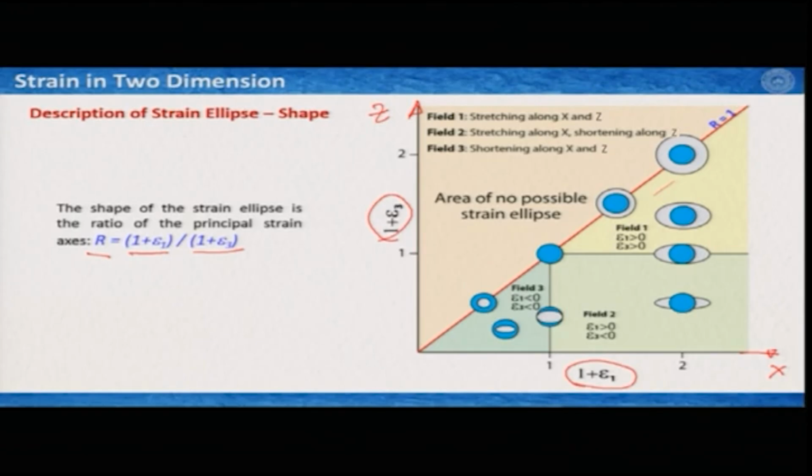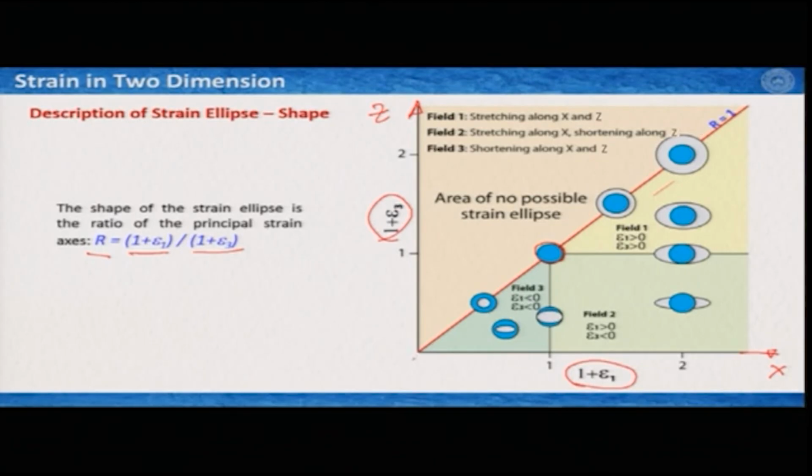So where 1 plus E3 and 1 plus E1 are 1, it would be a circle. But if we increase them along this line, both E1 and E3 would increase equally. So this original blue circle would take the shape of a circle but with positive volume strain.